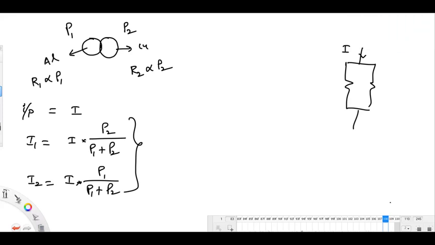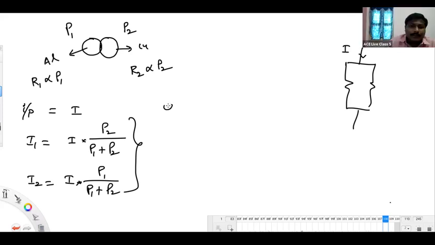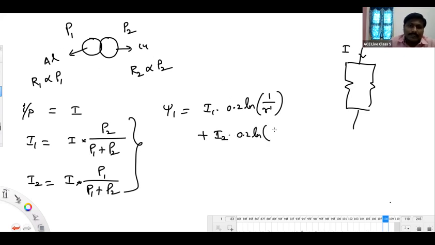For example, if you take up this psi1, what's the self here? I1 into self-inductance of this, 0.2 ln of 1 by R dash, plus, because of the second one, I2 into 0.2 ln of 1 by 2R.